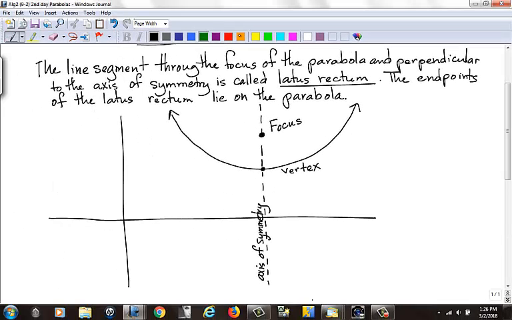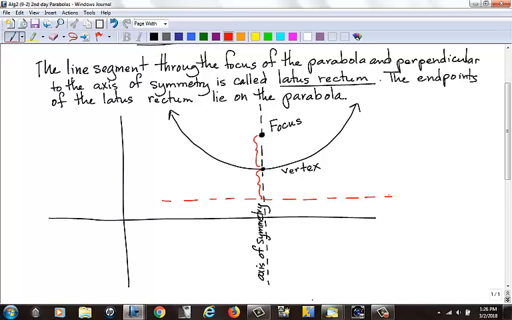So this distance here has to be the same as the distance to the directrix. And the directrix in this case is going to be parallel, so it's going to be y equals a number. The axis of symmetry is vertical, it's going to be x equals a number.